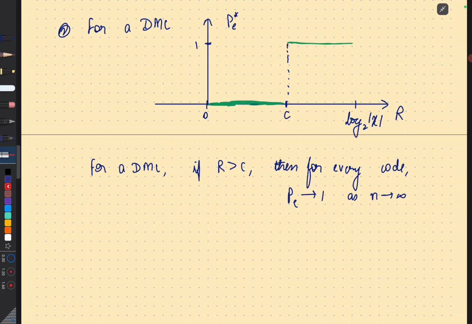Okay. So something, again, you don't have this phenomenon. It's 0 below something and 1 above something else.